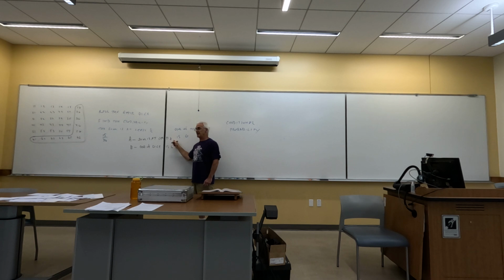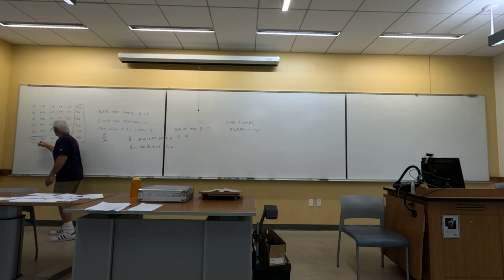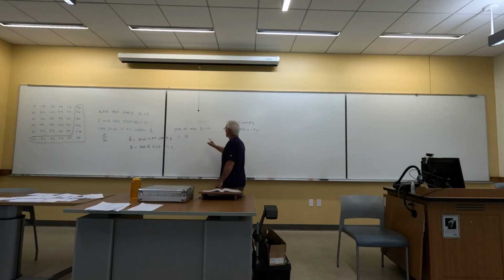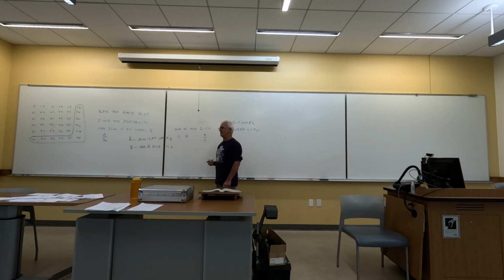That the sum is at least an 8, and one of the dice is a 6. Does everybody agree with that? And that would be, you said 9 rolls? That would be these 9 rolls that are between the orange and the blue. You said the answer to this question here was 9 over 11, and that is the correct answer. So the question is, how do we get from there to there?